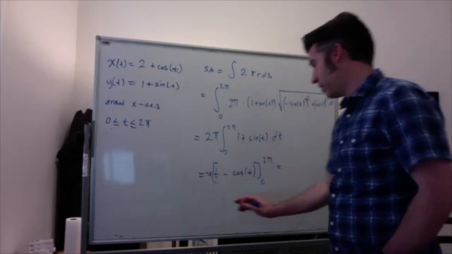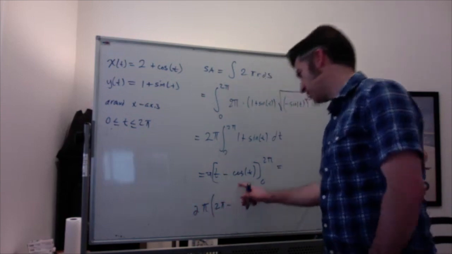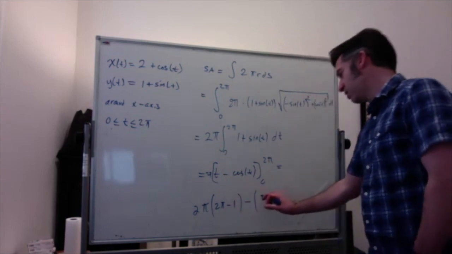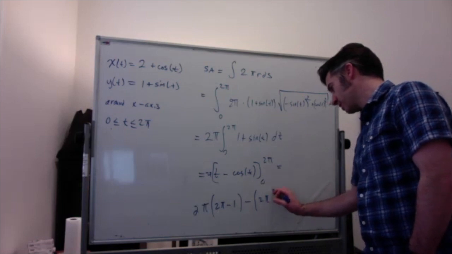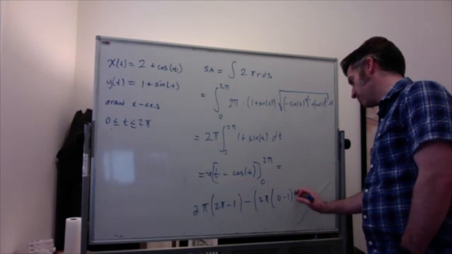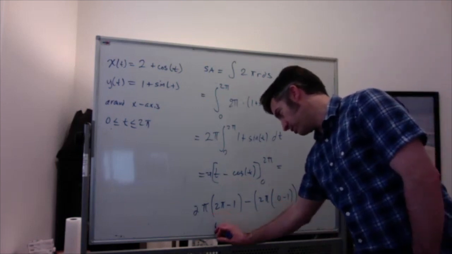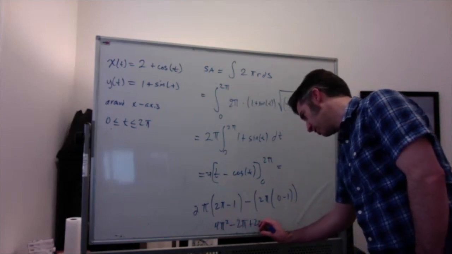So we plug in 2 pi, and we get 2 pi times 2 pi minus cosine of 2 pi, which is 1, minus you plug in 0, and you get 2 pi times 0 minus 1. And that's going to be 2 pi times 2 pi, so 4 pi squared minus 2 pi plus 2 pi.